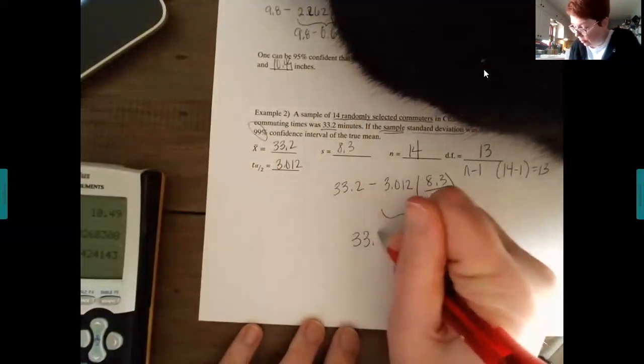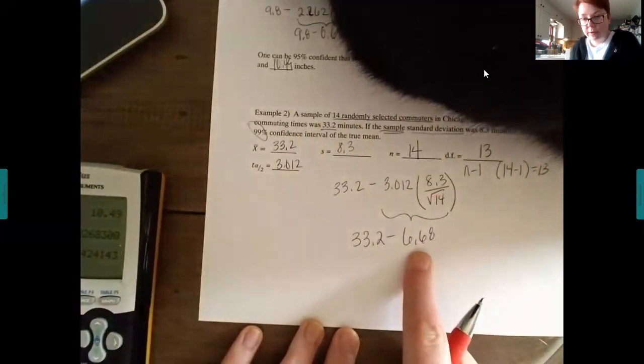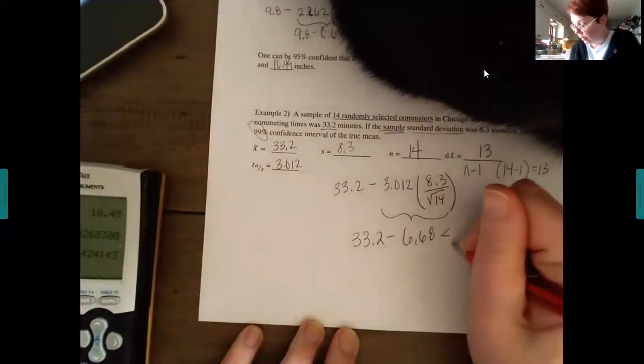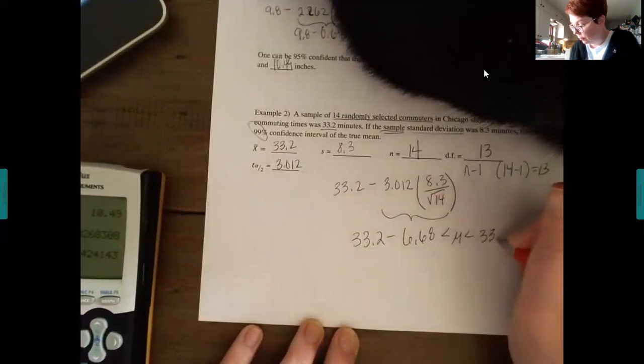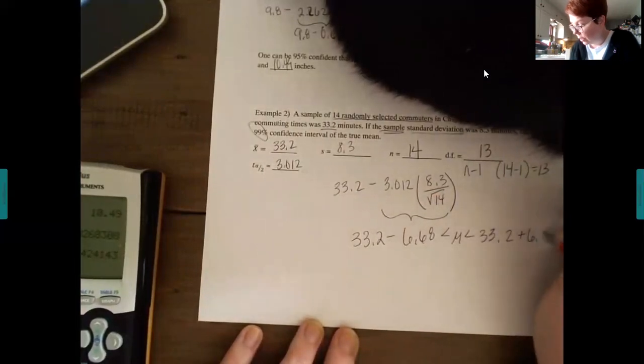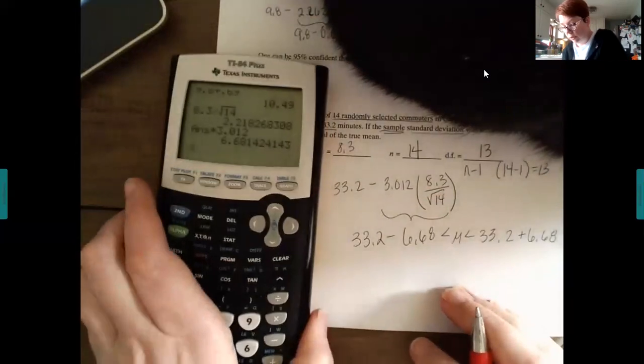So here we have our margin of error is 6.68, so we're going to subtract it and then add it to our average.